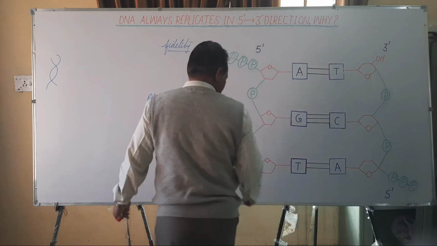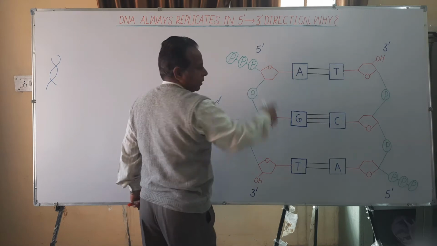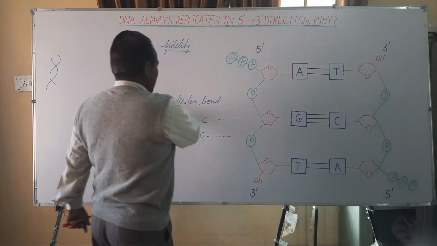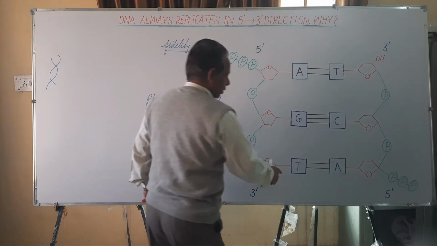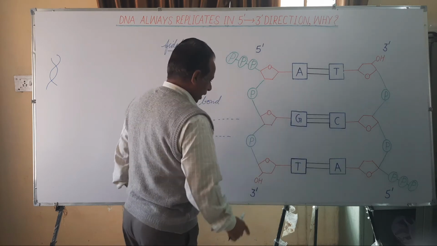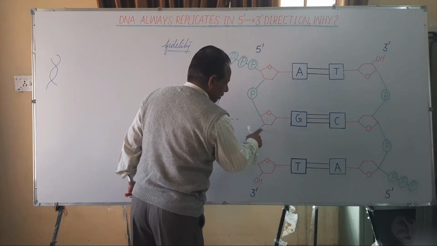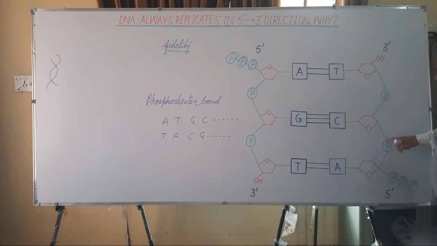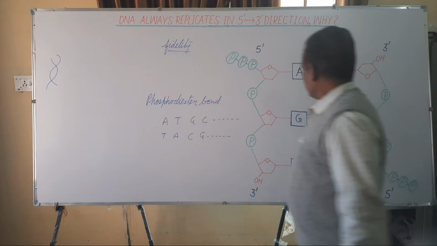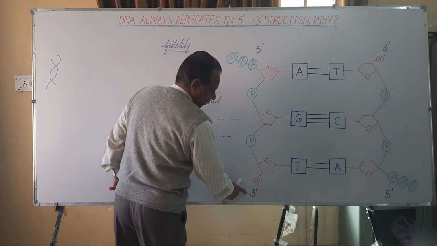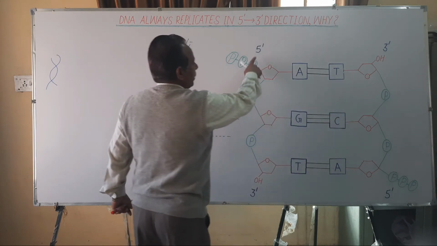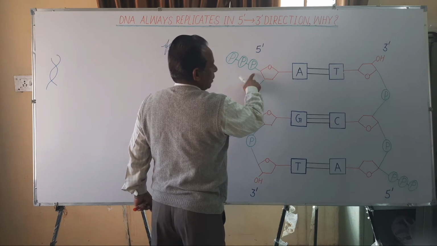If one chain runs in 3' to 5' direction, the other runs in 5' to 3' direction, means the phosphodiester bonds in one nucleotide strand go on from the fifth carbon to the third carbon of the pentose sugar, and in the complementary strand, from the third carbon to the fifth carbon. The 3' end possesses a free OH group, whereas the 5' end possesses a free phosphate group.